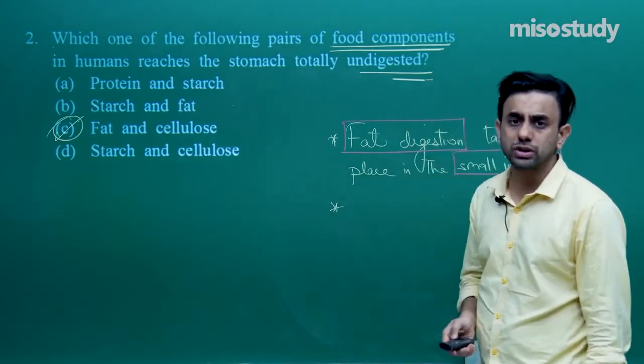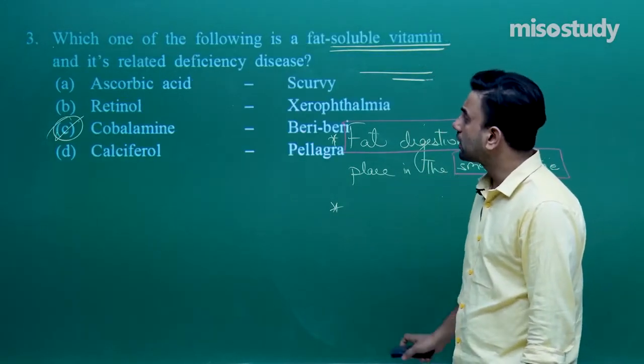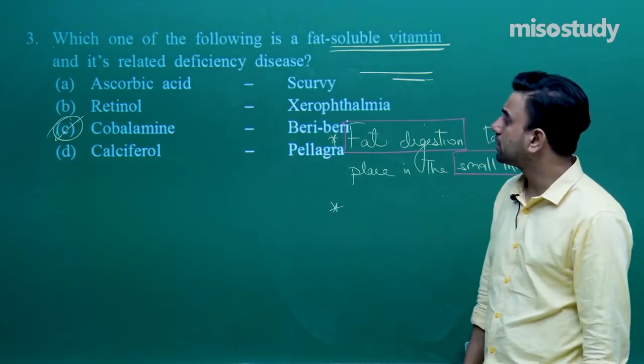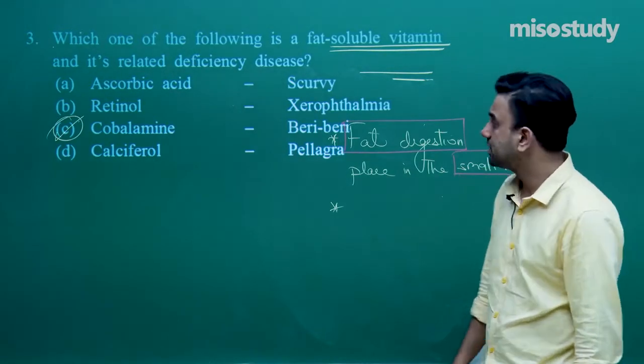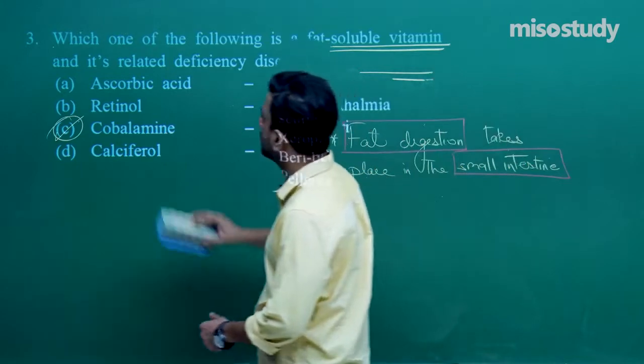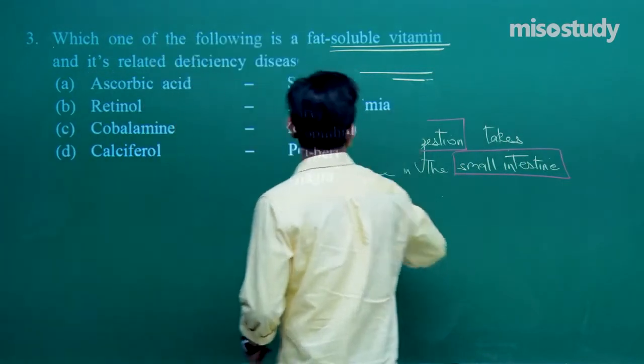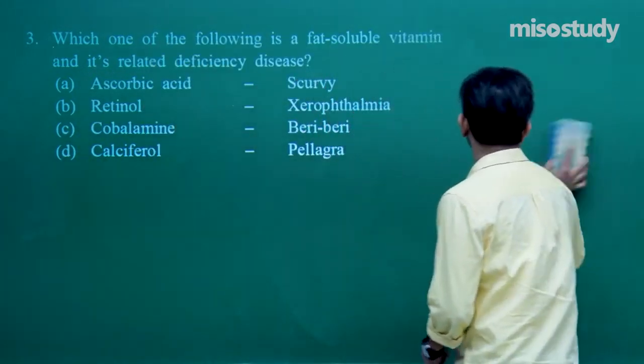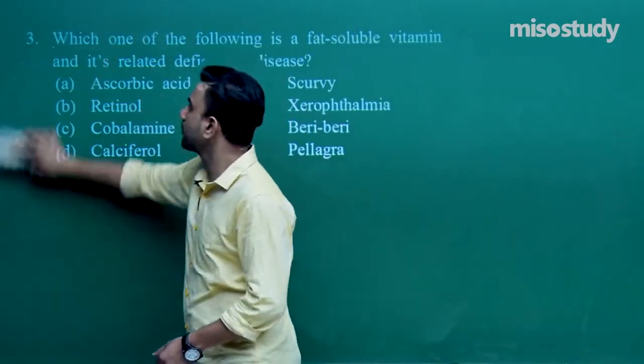So, now we go on to the third question: which one of the following is a fat soluble vitamin and its related deficiency disease?